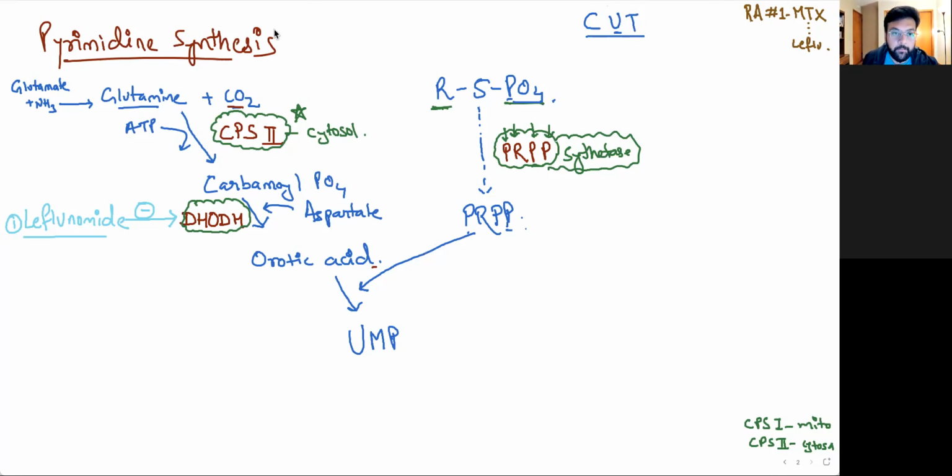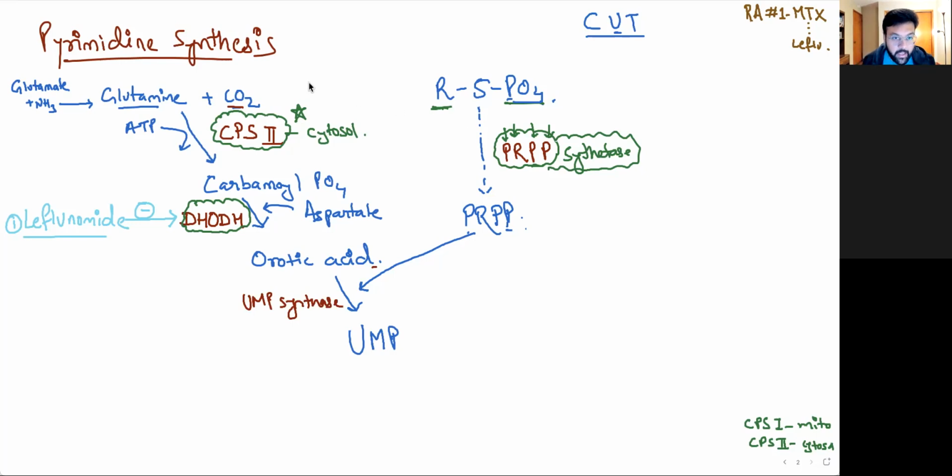Another important enzyme here. Any guesses? If you want to make UMP, what enzyme will you use? I'm asking because it's simple. You want to synthesize UMP, so it's UMP synthase. Synthase doesn't make any sense for medical students, but it does for biochemists.